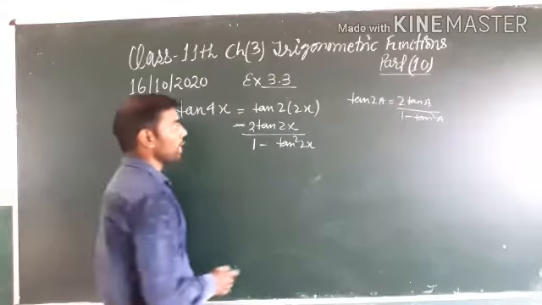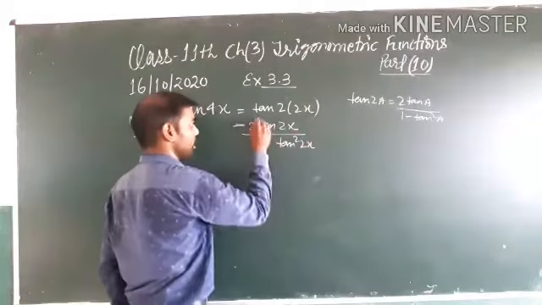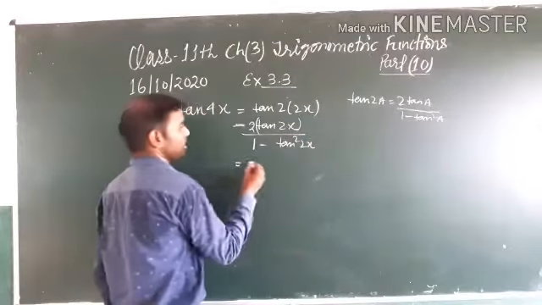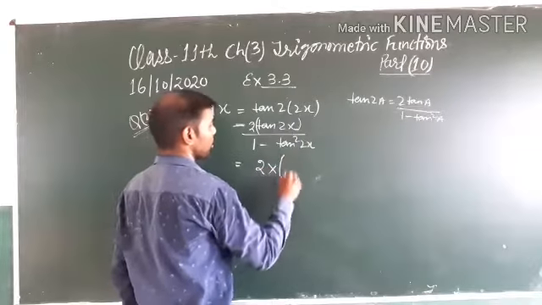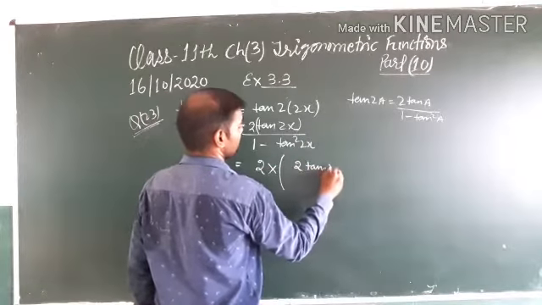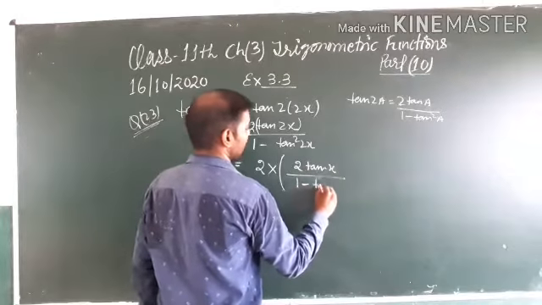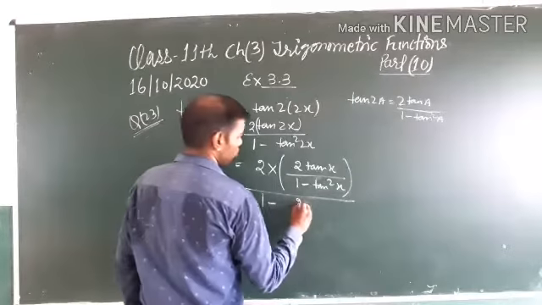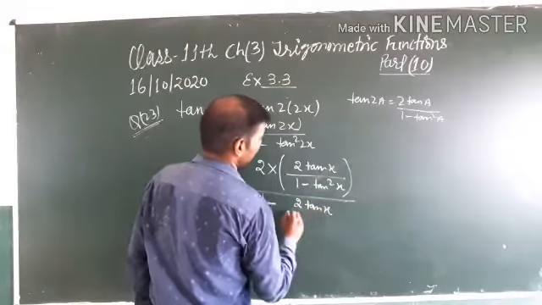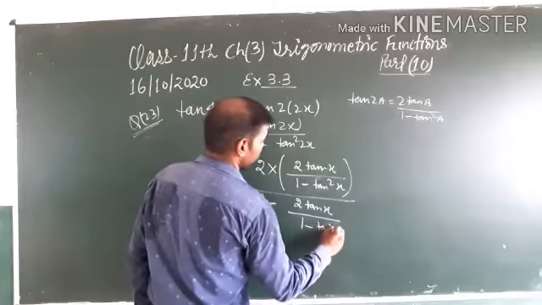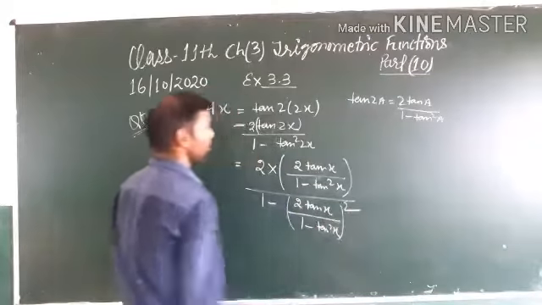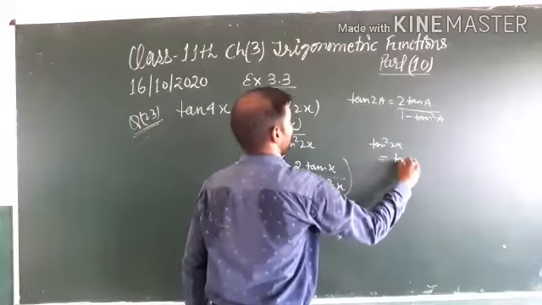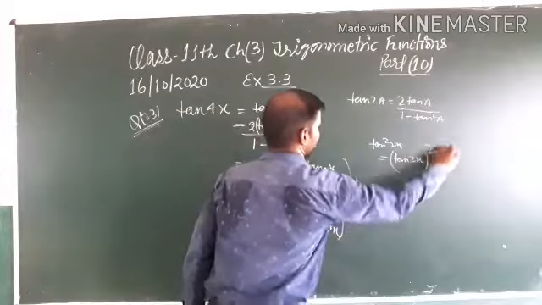Now you can again use this trigonometric identity in this form: tan 2x is 2 tan x upon 1 minus tan square x, and tan square 2x is tan 2x whole square, so 2 tan x upon 1 minus tan square x to the whole square.